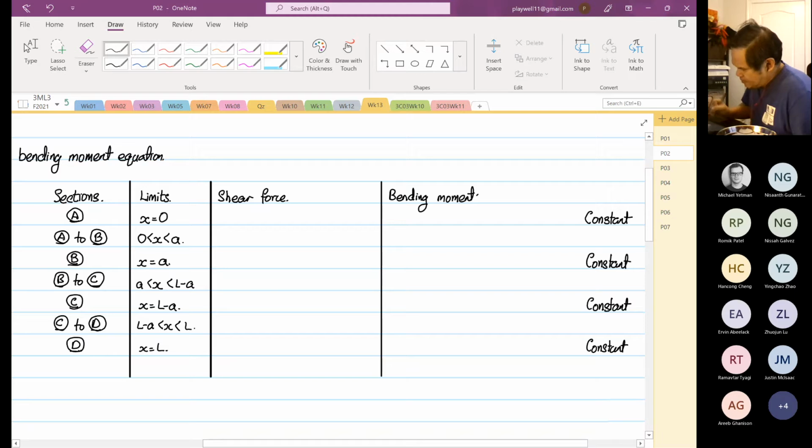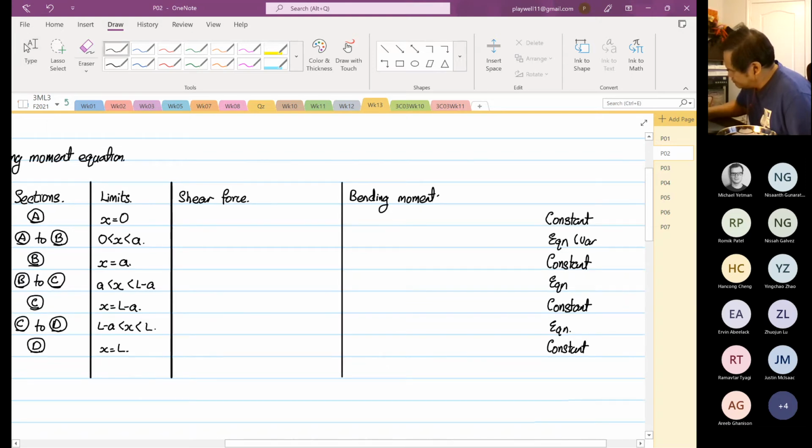A to B, because it's ranging, is going to be an equation. So it means the magnitude will vary. The magnitude will vary, so it's going to be a function of x.